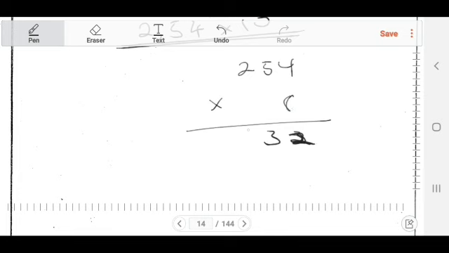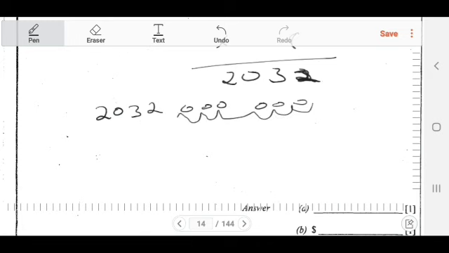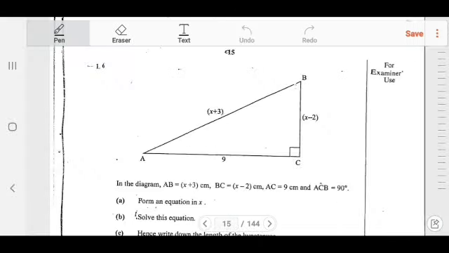Then 8 times 2 is 16 plus 4, which is 20. So we've got 2032 million. A billion is supposed to have 9 zeros, so it's 2.032 billion.